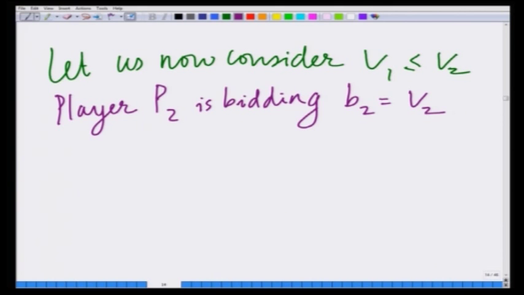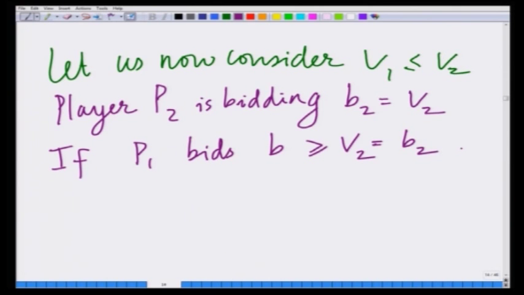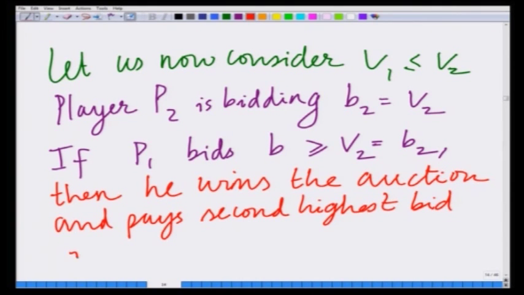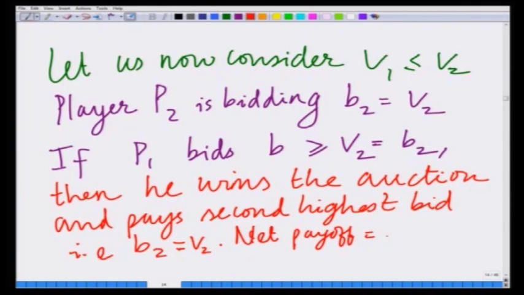Now if player 1 bids any B greater than or equal to B2 equals V2, then he wins the auction, and he pays the second highest bid, which is B2 equals V2, and therefore his net payoff is his valuation V1 minus the amount paid, which is V2, which is less than or equal to 0.